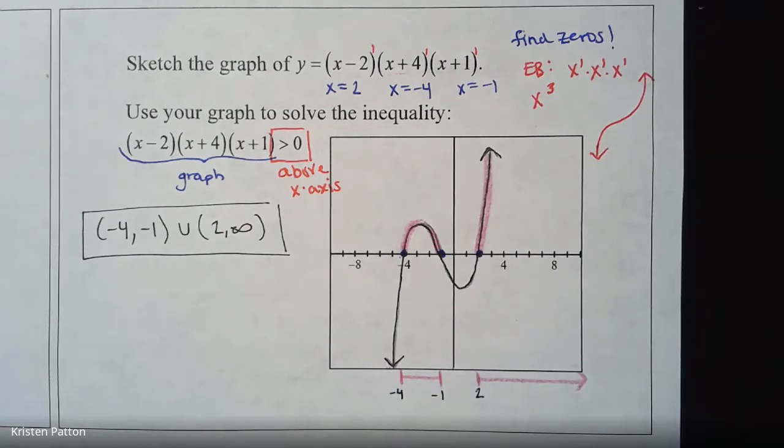They only asked that one question. When is the graph above the x-axis? And we're done. This is how we're tying everything into what we did over the last few weeks. If you have the factors, you have the zeros. And if you have the zeros, then you can determine where your graph lives.